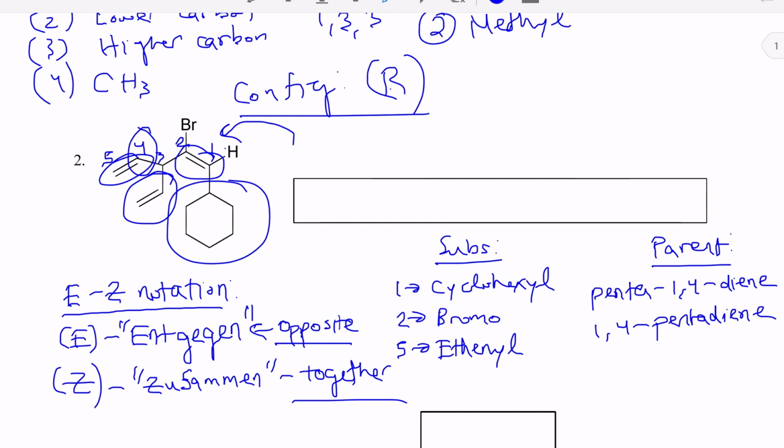In order to do this, we can use the CIP rules that we touched on in the previous example. So let's see what our highest priority groups are with that in mind.